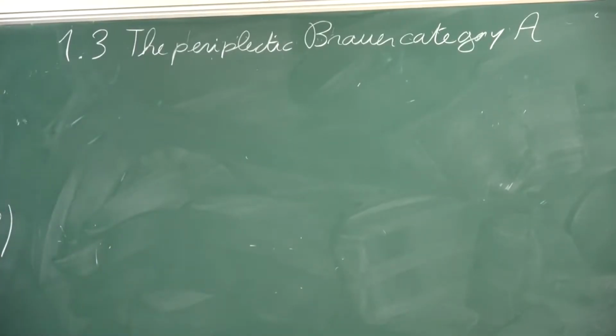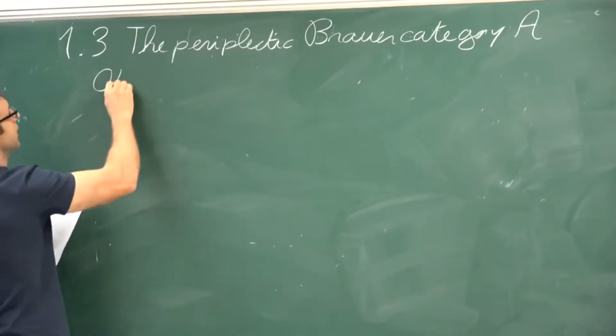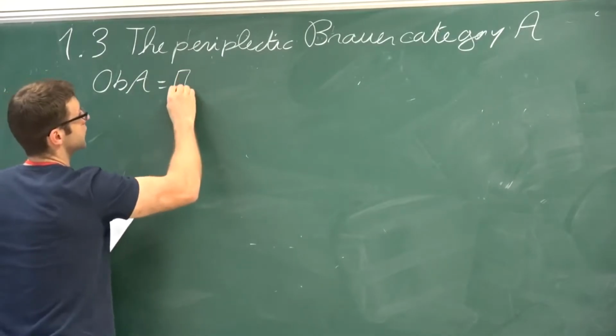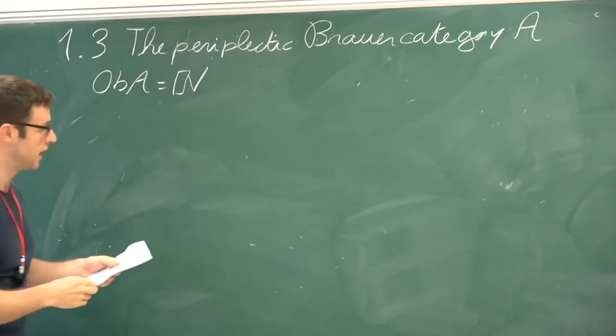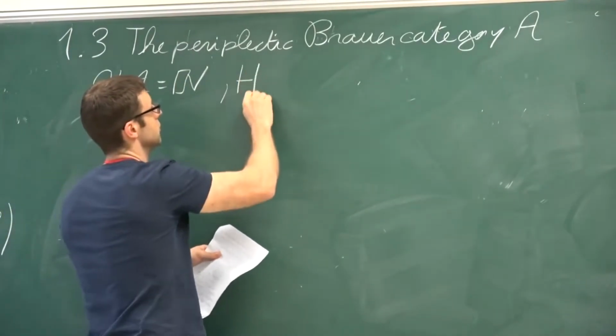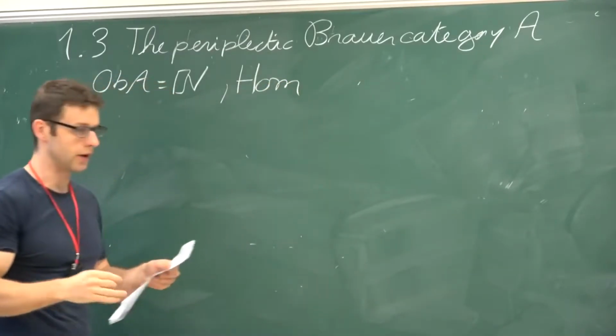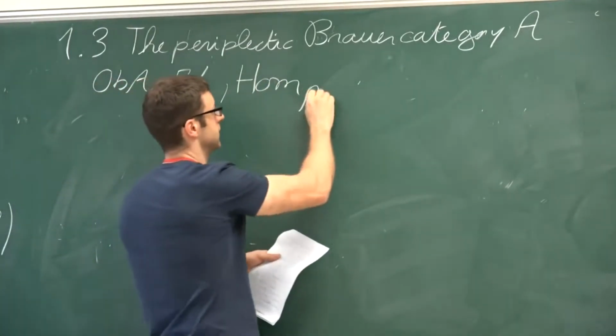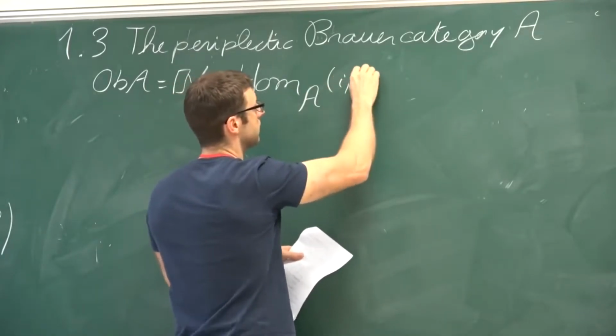As already mentioned, the set of objects is just the natural numbers. And now I want to talk about the morphism spaces in that category.